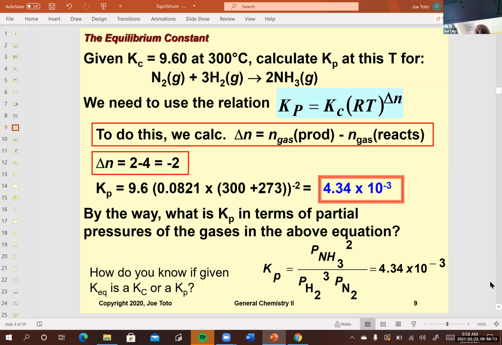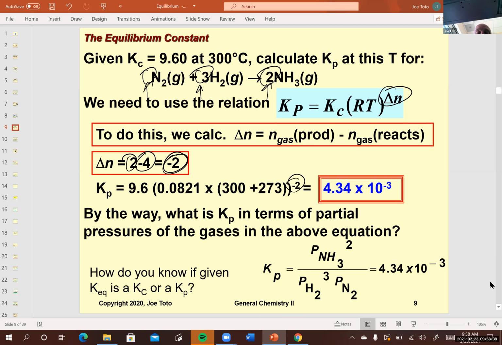Here, it's always final minus initial. So I have 2 moles of gas in the product and 4 moles initially in the reactants. So it's final minus initial, and I get a -2 for my delta n.